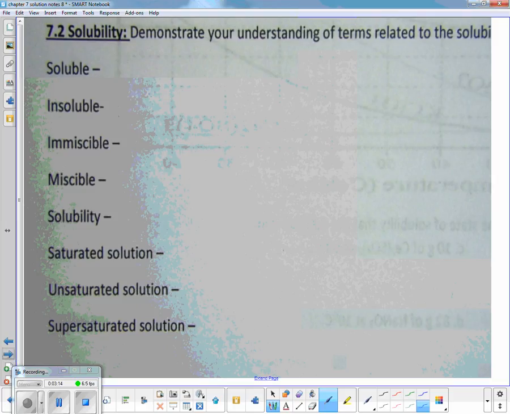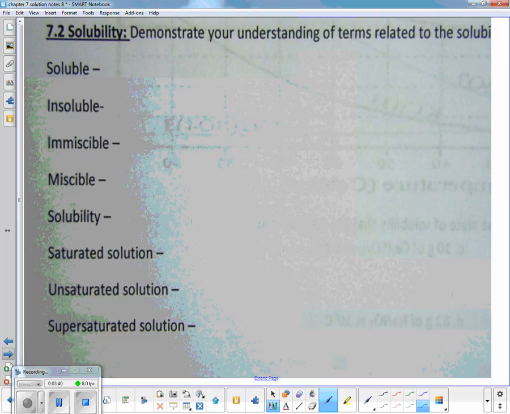Solubility. All about demonstrating how, there's a lot of words with this. So soluble, insoluble. Immiscible, miscible. Solubility, saturated, unsaturated, supersaturated. Do we have any problems with that? Okay, easiest way for me to remember miscible is, is it mixable or is it not mixable? Immiscible means not mixable.